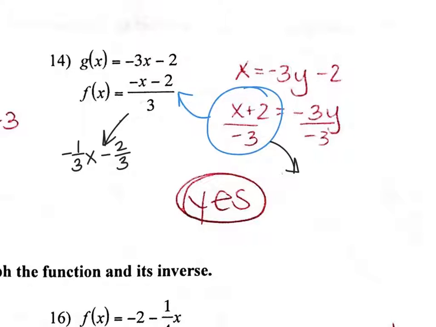Well, if I divide my answer, I get 1 over negative 3x minus 2 over 3, which I hope you see that those two things are exactly the same. Even though the negative looks like it's in a different spot, it's going to give you the same answer. Positive divided by negative is still negative. So that's why this is a yes.